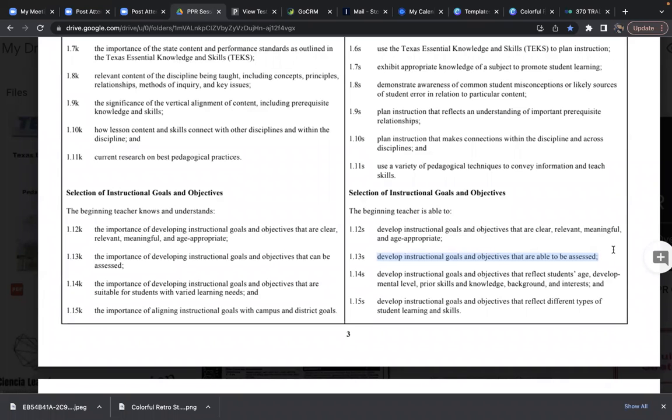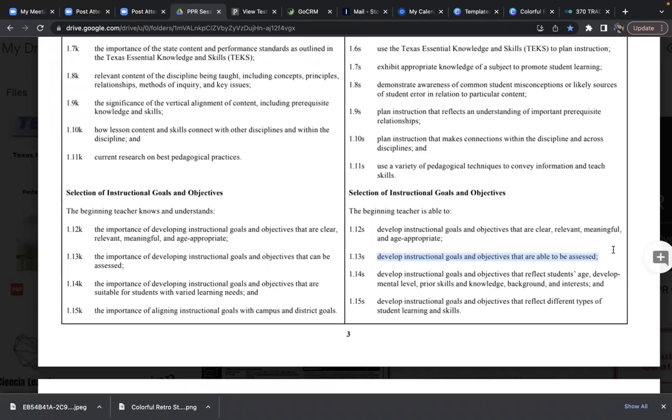It's difficult to assess. It's not like, did they get 2 + 2 right? That's very easy for us to assess. So we want every instructional goal and objective to be able to be assessed. That's not to say that you couldn't ask the student to give their opinion on something and show an awareness. You would have to have a rubric in order to assess them, with very specific requirements that would categorize what would give them a passing score.